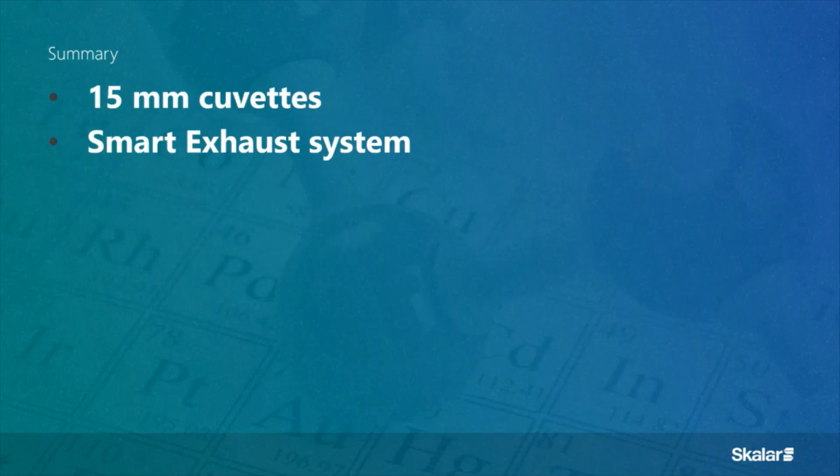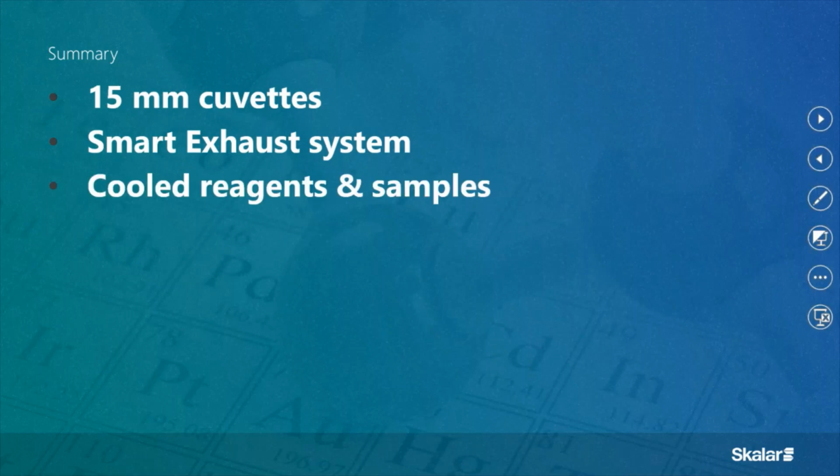Just keeping in mind that that same system ensures no waste fumes are able to re-enter the reaction and measurement zone of the analyzer from our waste. Cooling both the reagents and the samples, so extending the onboard lifetime of reagents, but also preserving the sample for the duration of the run by keeping volatile compounds in solution, meaning any post dilutions can be done accurately and without discrepancies.